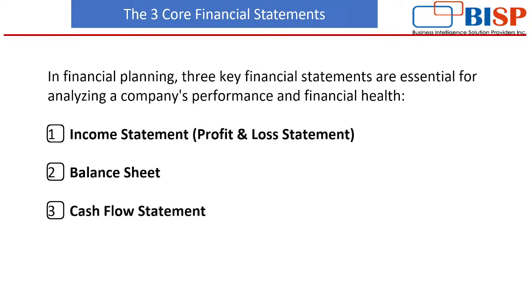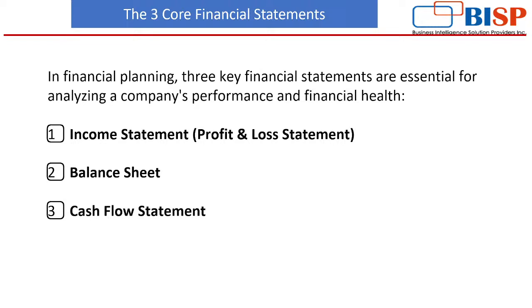The key components would be revenue, that is sales, the total earnings from selling your goods or services. Later on, I will be showing you an extract of all the three statements.